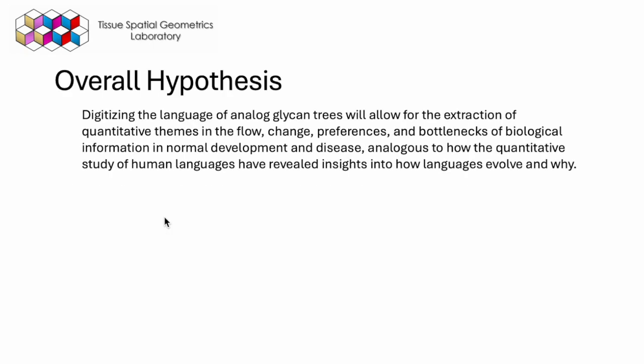My overall hypothesis is that digitizing the language of analog glycan trees will allow for the extraction of quantitative themes in the flow, change, preferences, and bottlenecks of biological information in normal development and disease, analogous to how the quantitative study of human languages have revealed insights into how languages evolve and why.